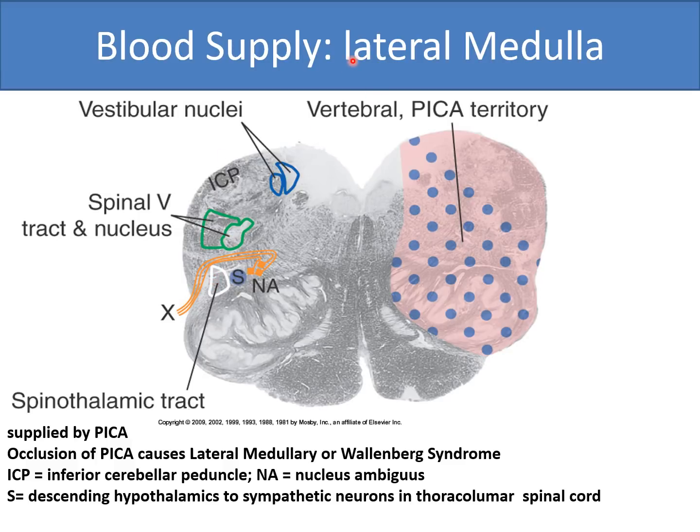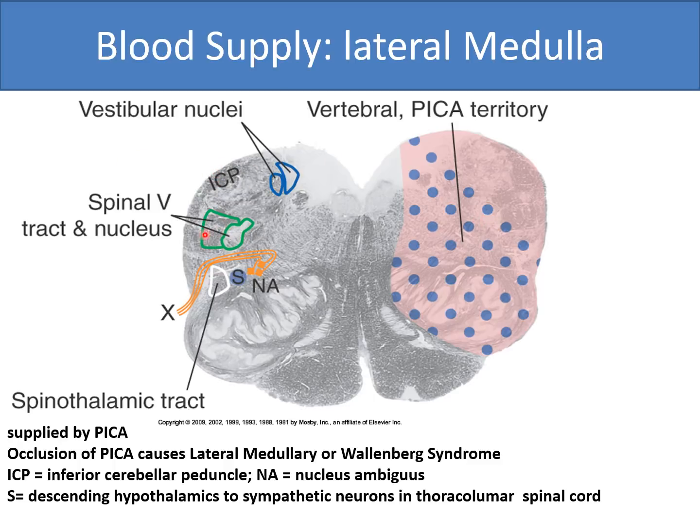And we see the blood supply to the medulla here, and we can see the posterior inferior cerebellar distribution. It includes many of these structures we've talked about, including the cerebellar peduncle, seen here, and the spinal nucleus and tract of 5. So there would be an ataxia with the cerebellar peduncle.